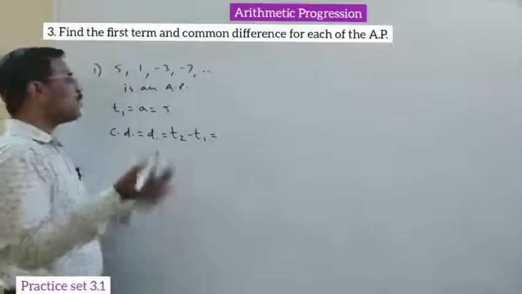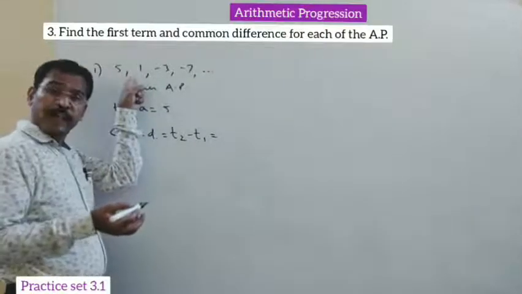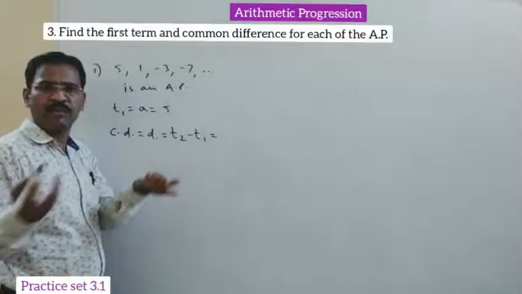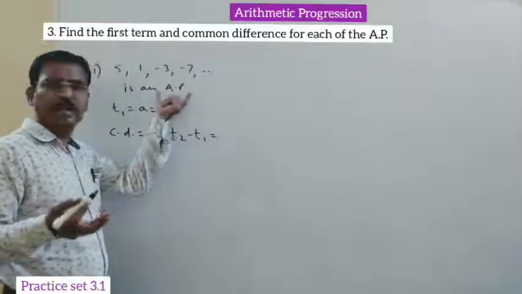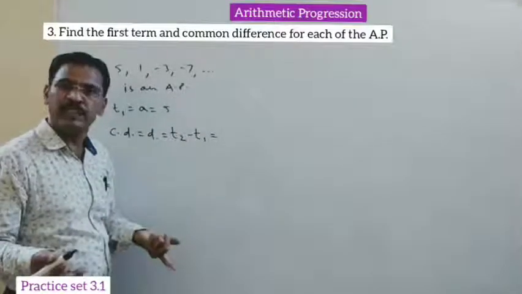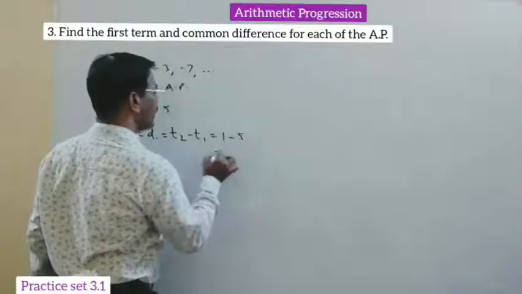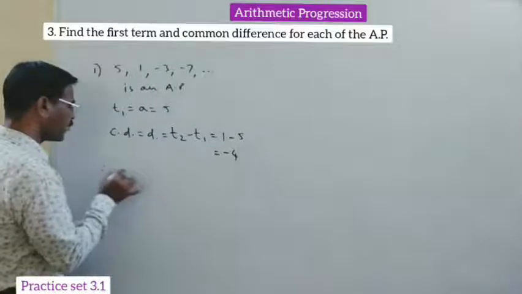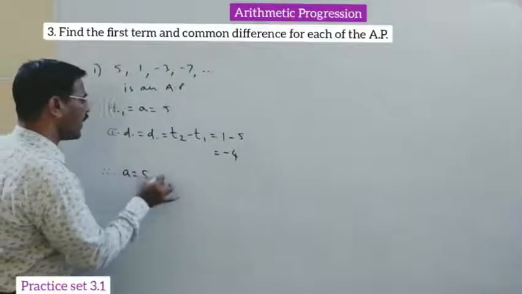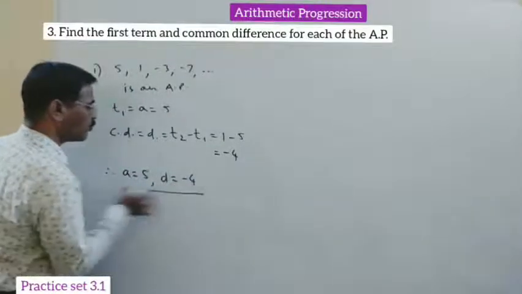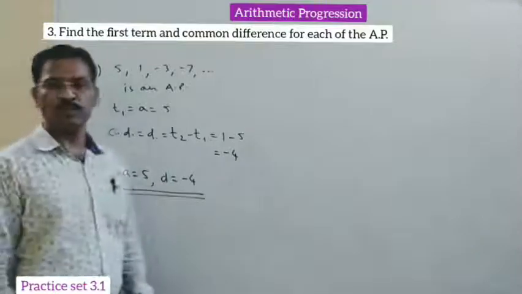It is sufficient. Or you may take T3 minus T2 or T4 minus T3. Because it is an AP, the common difference is constant everywhere. So T2 minus T1, that is 1 minus 5. How much? Minus 4. Therefore, A is equal to 5 and D is equal to minus 4. Like this we can solve.